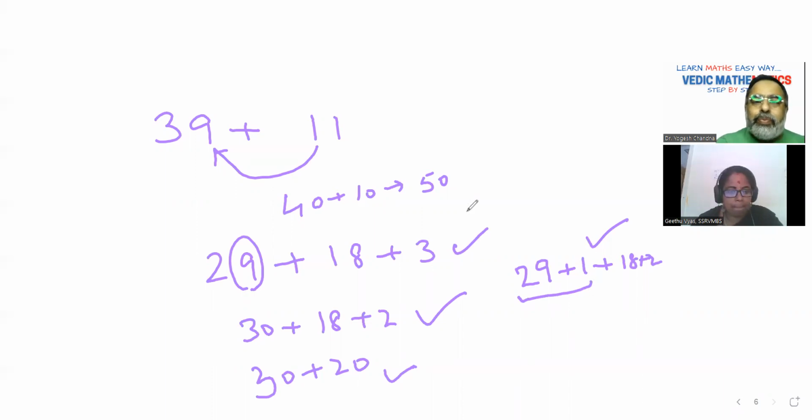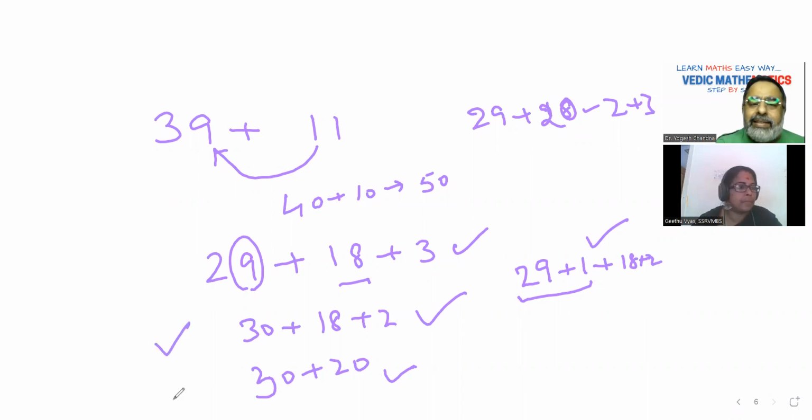Or as I told you, always break the second number. One can do this way, if one is proficient in subtraction, 20 minus 2 plus 3. But I never suggest adding a minus sign, because for kids it is difficult. So the best for the kids is this.